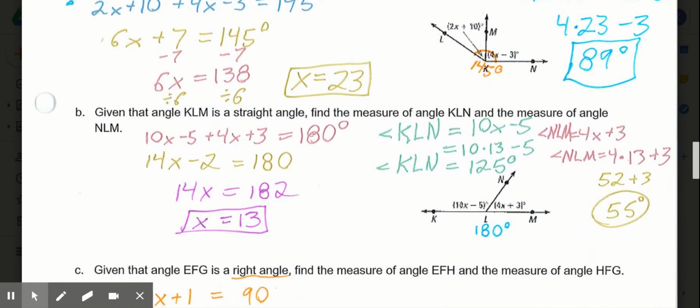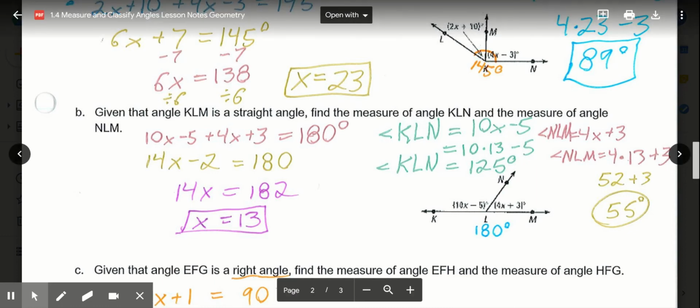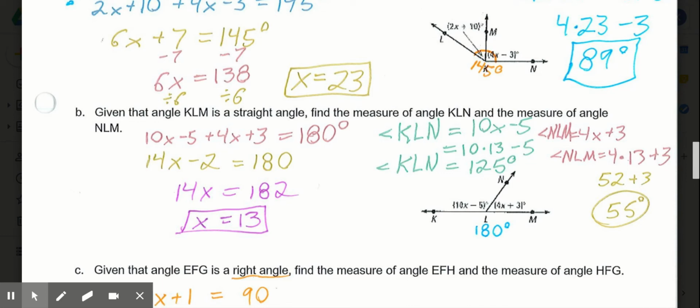In part B, given that angle KLM, so now we're looking at this diagram down here, KLM is a straight angle. Find the measure of angle KLN and the measure of angle NLM. In this case, we need to start with figuring out the value of x, and how we do that is the angle addition postulate.